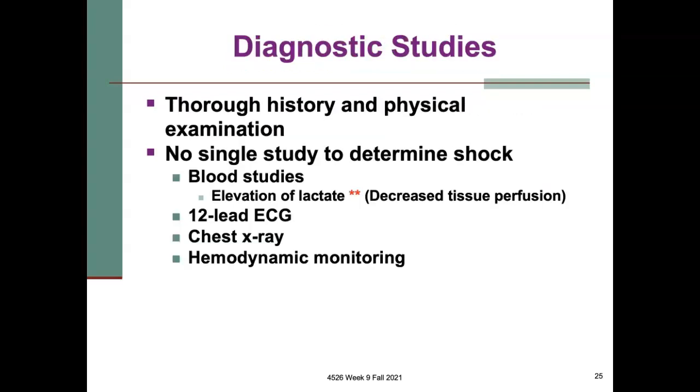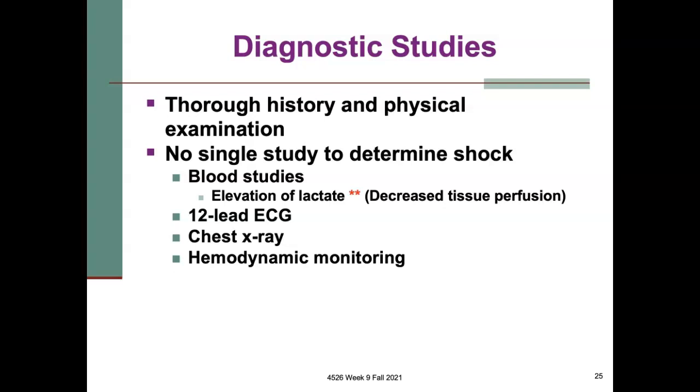So let's look at the diagnostic studies. First of all, obtaining a thorough medical and surgical history and a history of recent events, such as surgery, chest pain, trauma, provides valuable data. So why is this person in shock? Now, there's no single blood test to determine shock, but these are some examples of ways that you can start looking at your diagnosis.